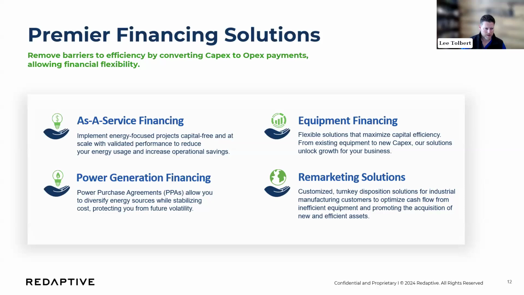Additionally, we offer power generation financing, as I mentioned, PPAs, equipment financing for any number of types of assets, and remarketing, which is focused on the resale of manufacturing equipment in the marketplace.